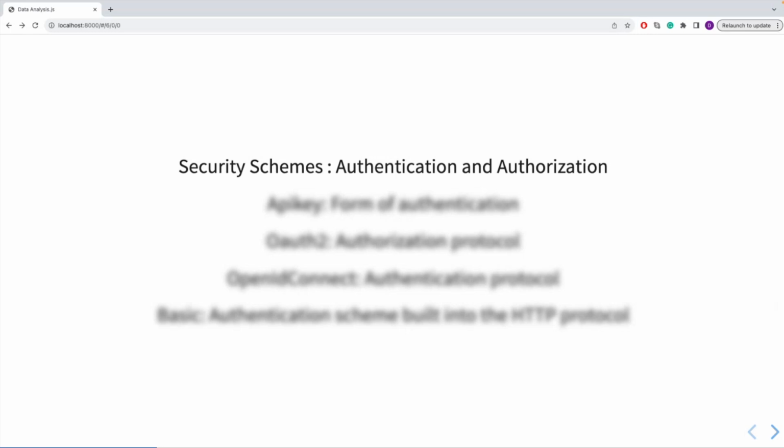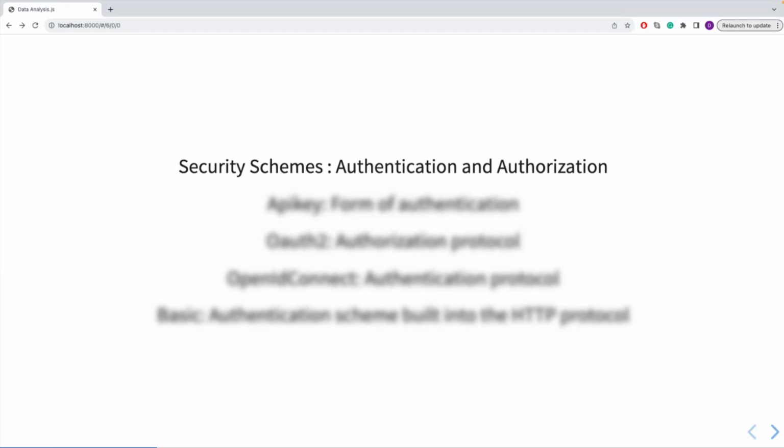OpenAPI specifications define security schemas as authentication and authorization. Authentication is the process of identifying a user, for example, with credentials or usernames and passwords, and authorization is the process of granting or denying access to a specific resource.